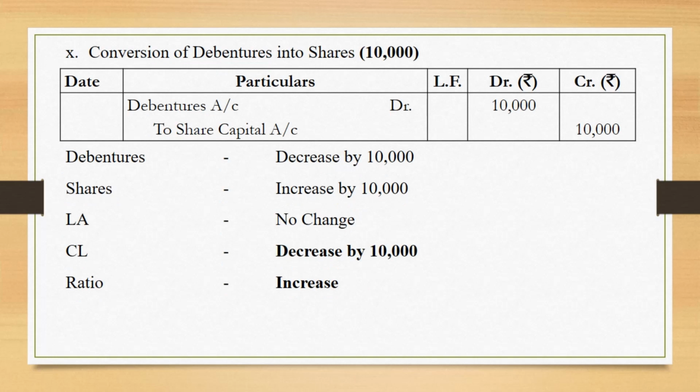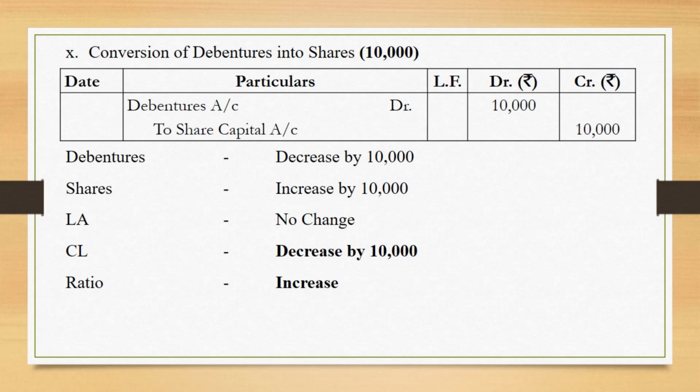Conversion of debentures into shares, rupees 10,000. When we are converting debentures into shares, the debentures are in a way redeemed, so the liability towards debentures reduces. The entry is debenture account debited to share capital. Debentures decrease by 10,000 and the share capital increases by 10,000.